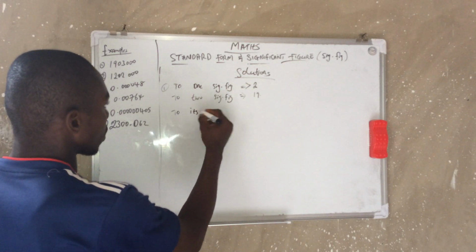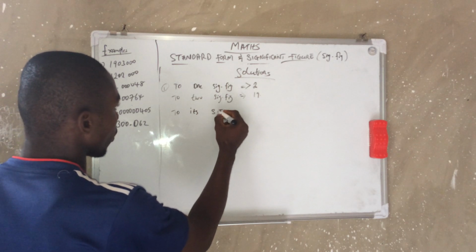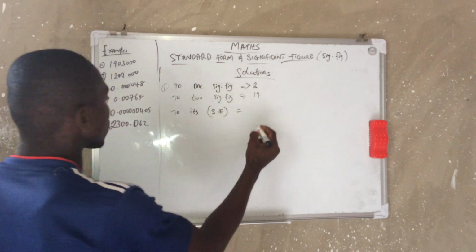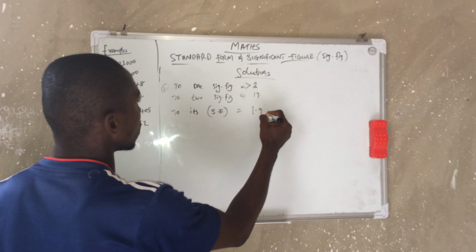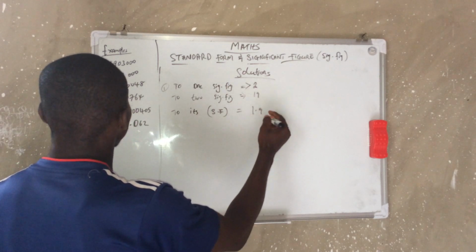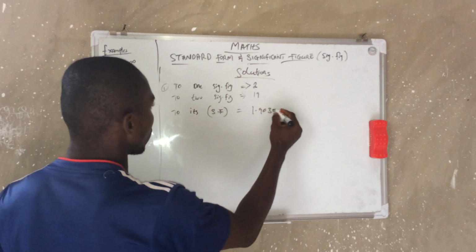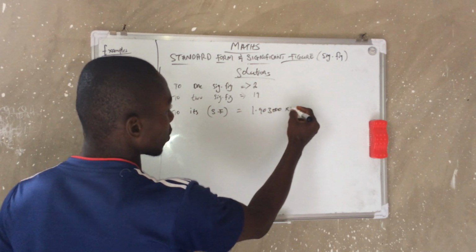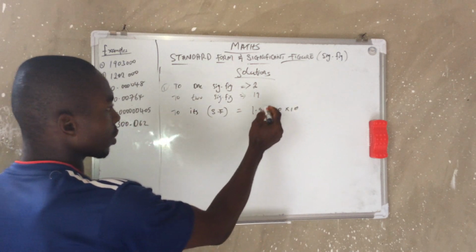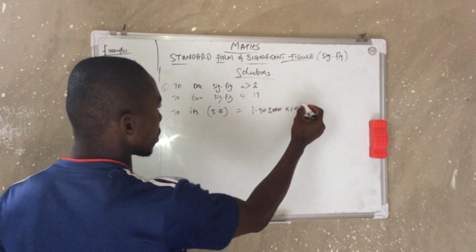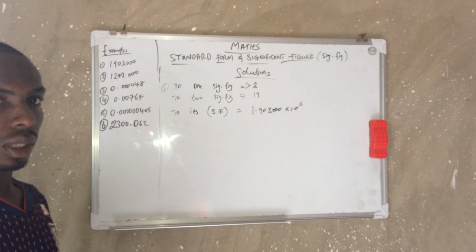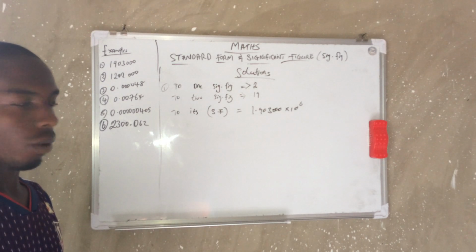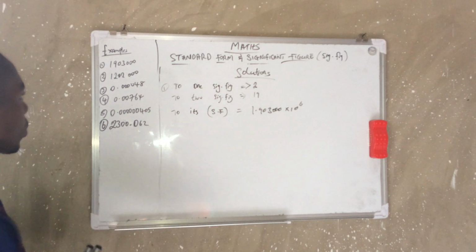To its standard form, we'll have what? 1.90300 times 10 raised to the power what? 1, 2, 3, 4, 5, 6, raised to the power 6. That is what in its standard form. And let's go to number 2.